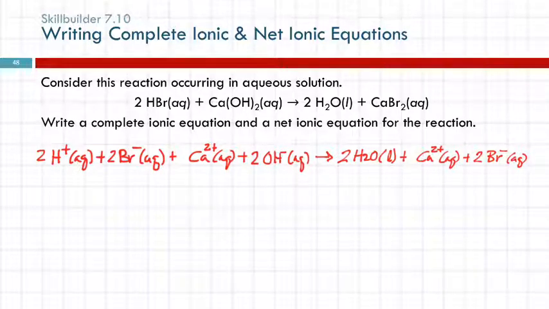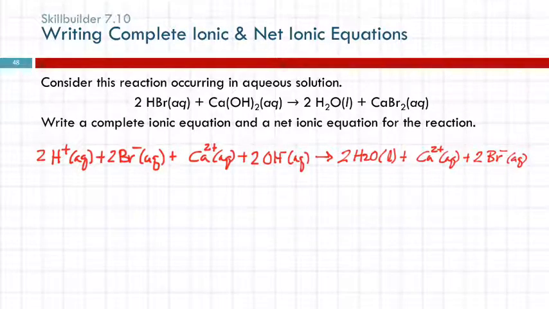To do the net ionic equation, I want to look at these reactants and products and see what didn't change. So here I've got 2 hydrogen ions as a reactant. Do I have 2 hydrogen ions over here? No. Those H's went into the water. They formed something new. So those aren't spectators. What about 2 Br minus?